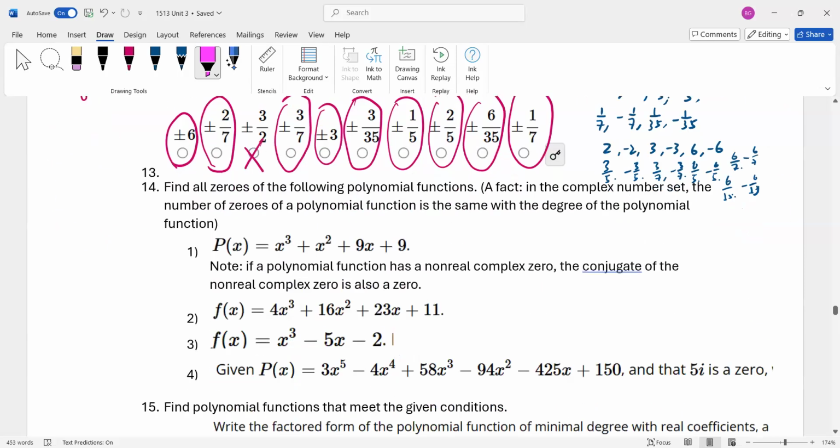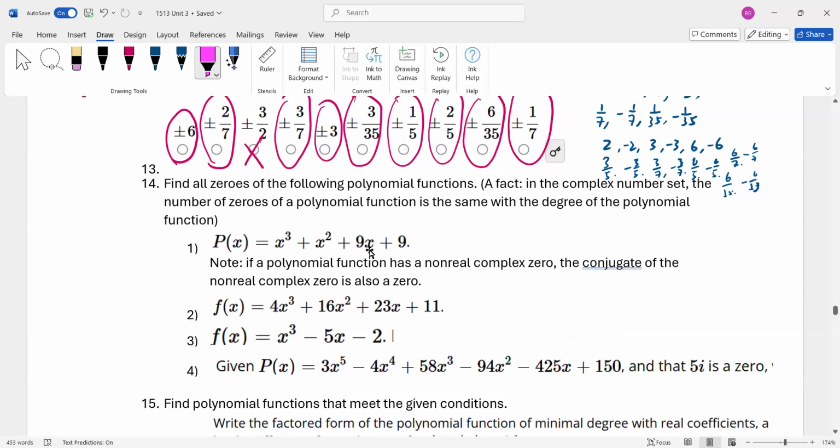And next topic, find all zeros of the following polynomial functions. A fact here we need to understand and remember, the complex number set. In the complex number set, the number of zeros of a polynomial function is the same as the degree of the polynomial function. In other words, if the polynomial function has degree n, then in the complex number set, the polynomial has n zeros.